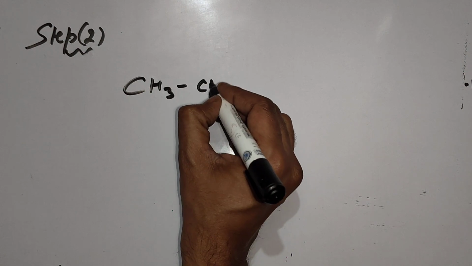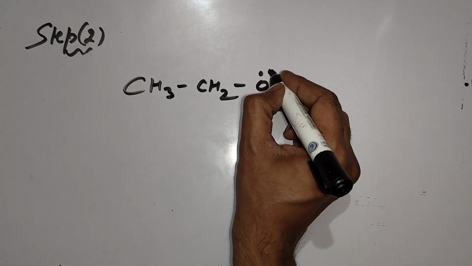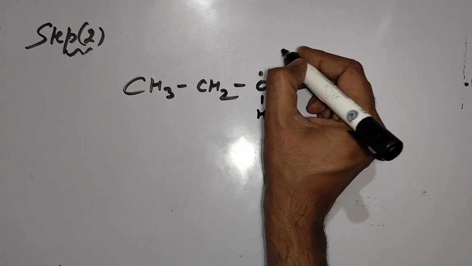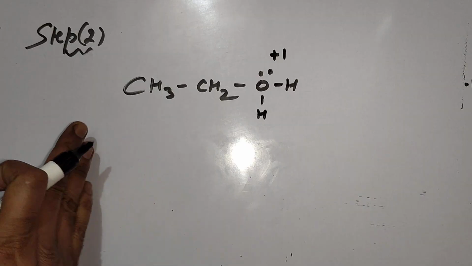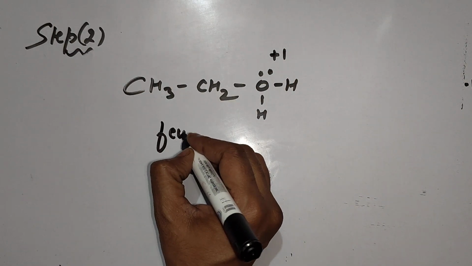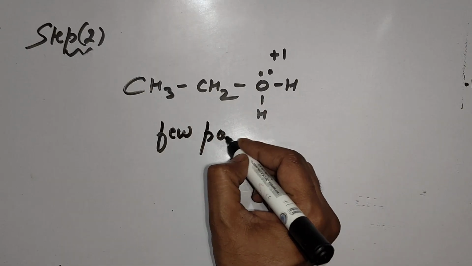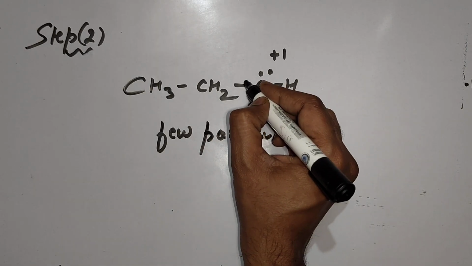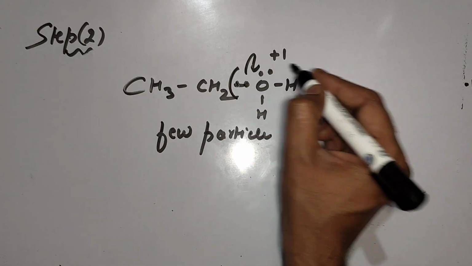In 1 degree alcohol, in second step, this was generated. Most of the particles are showing SN2, but few particles, let me recall, what are they doing? They are doing this.